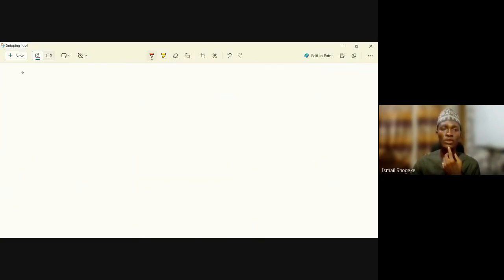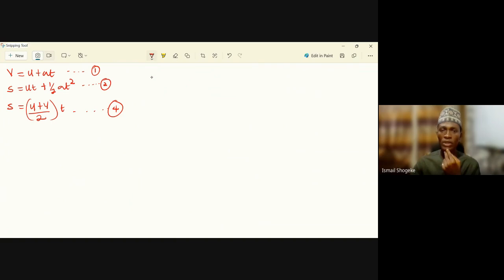So now we have V equals U plus at, S equals Ut plus half at squared, and S equals (U plus V) over 2 multiplied by t. This is equation 1, this is equation 2, this is equation 4. Now we need to get equation 3. To do this again, we're going to make use of equation 4.